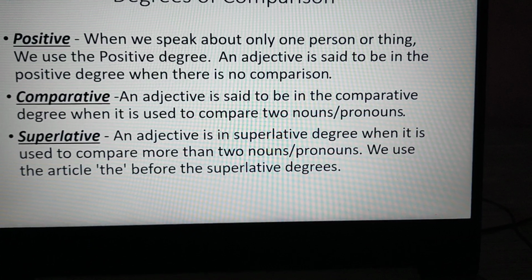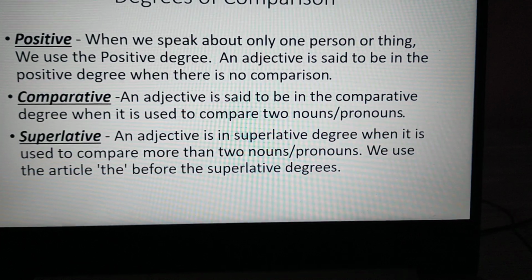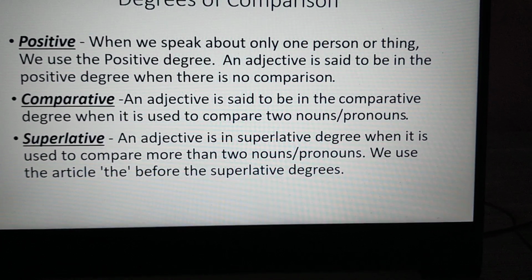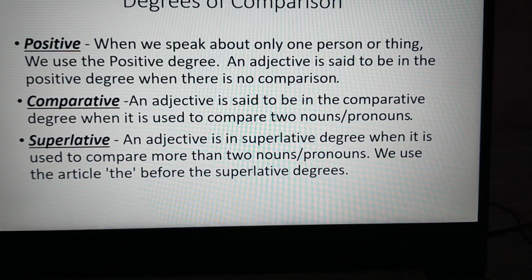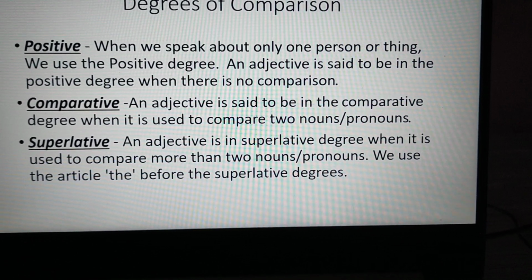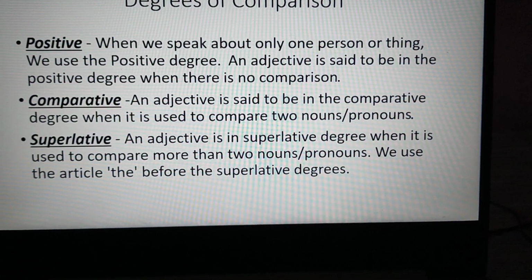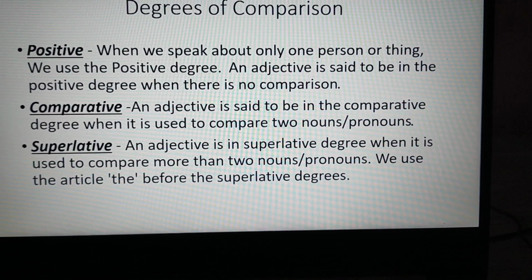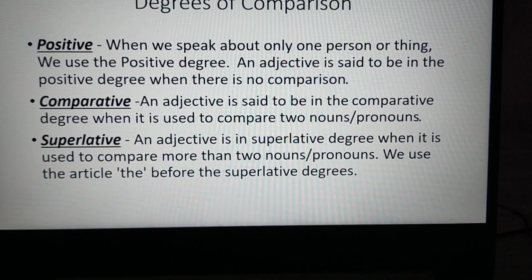Now, the comparative degree is used when we are comparing one noun to another noun. An adjective is said to be in the comparative degree when it is used to compare two nouns or pronouns. And the last one, the superlative: an adjective is in the superlative degree when it is used to compare more than two nouns or pronouns.